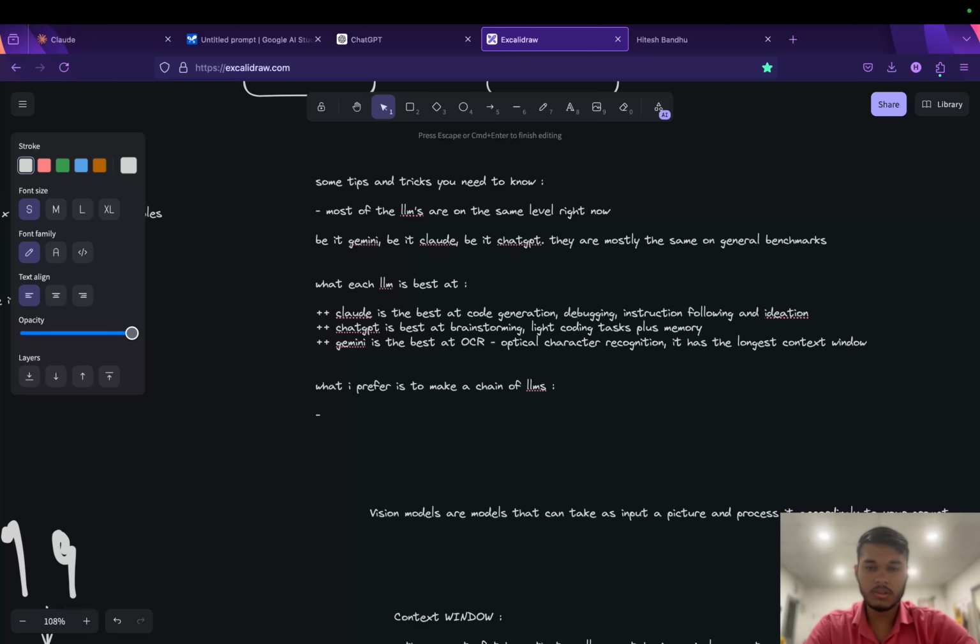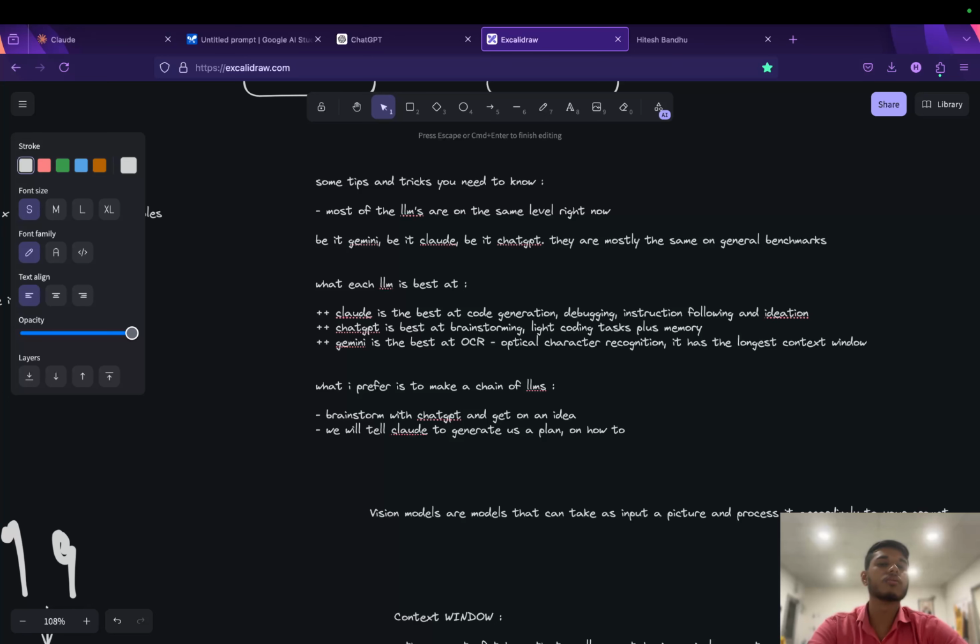What we'll do is, first we'll brainstorm with ChatGPT and settle on an idea. When we have an idea of what the final product should be like and what it should deliver, then we'll move to Claude. We will tell Claude to generate us a plan on how to execute things technically.